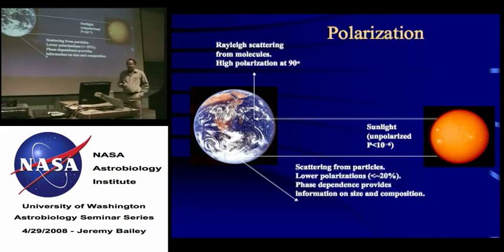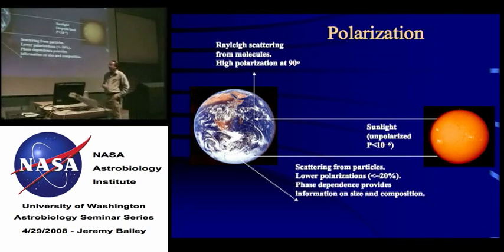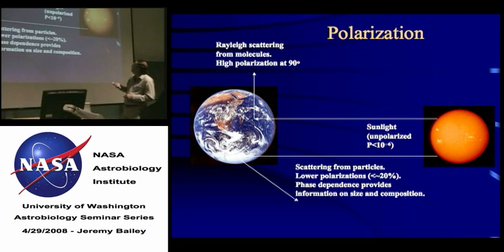So the basic idea of using polarization with extrasolar planets is that sunlight is essentially unpolarized. In fact, we know that it's unpolarized to a very high level. The polarization of the sun has been measured to be less than around 1 part in a million. But when that light scatters off a planet, such as the Earth, it's polarized by a number of processes.